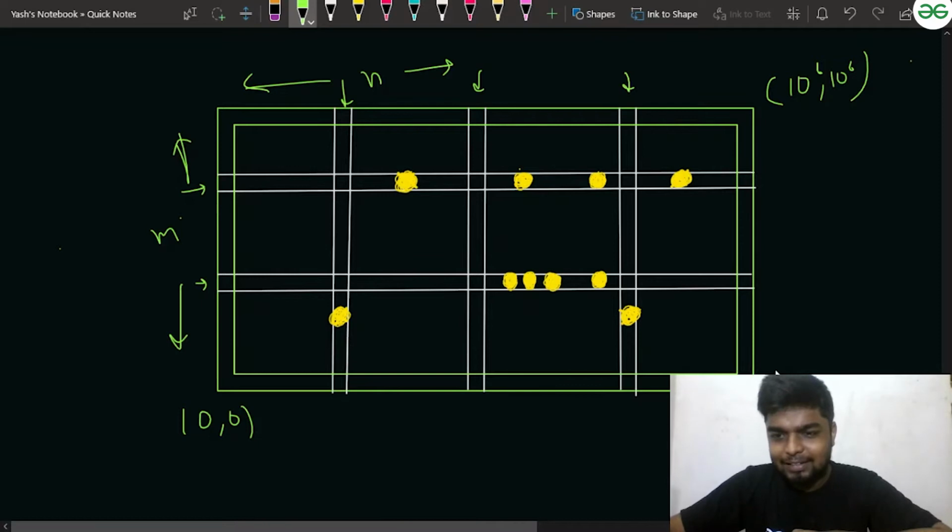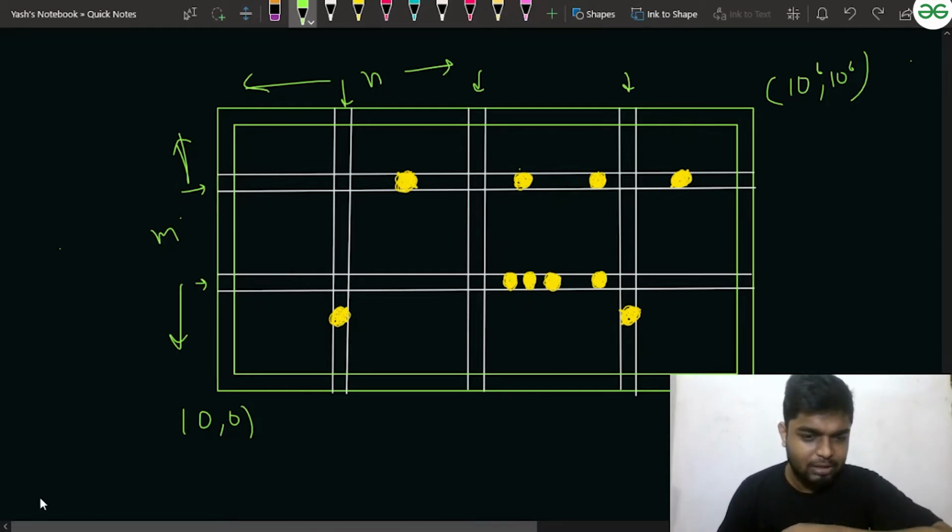It is not the case that a vertical street starts and goes only from here to here. It is simple: if you have a vertical street, then it goes from y equal to 0 to y equal to 10^6. So this is quite clear, I hope so.